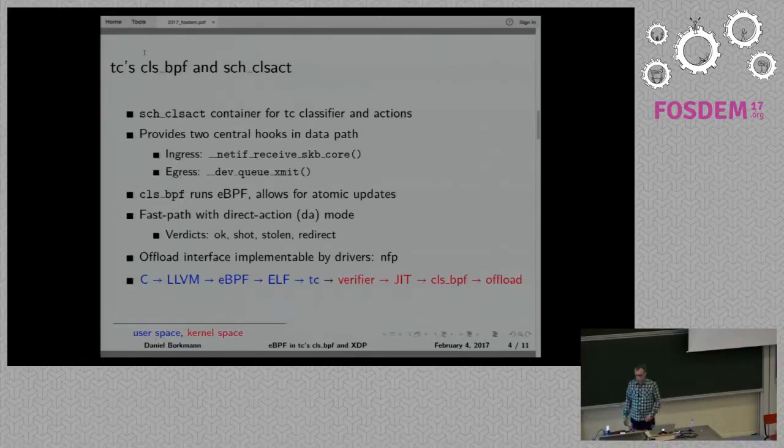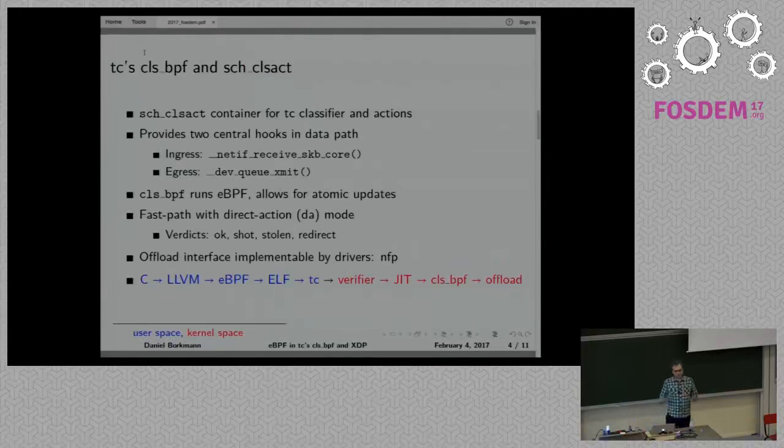And cls_bpf has a fast path, which means that historically TC had classifiers and actions, as I mentioned, and a classifier, once it's done classifying, can then call into a chain of actions, and all of that is pretty inefficient.